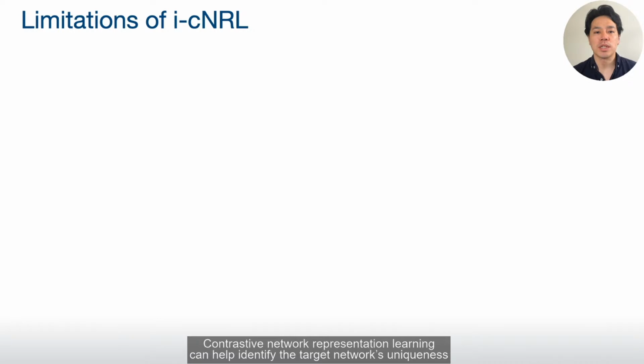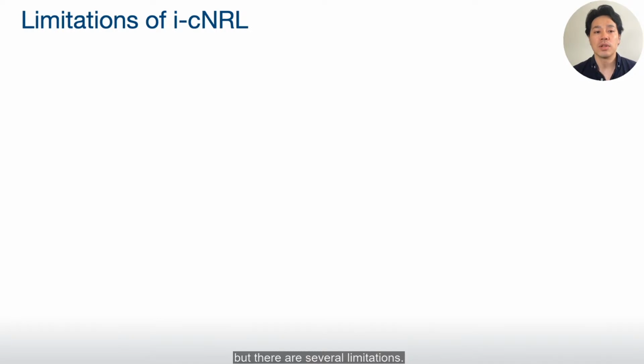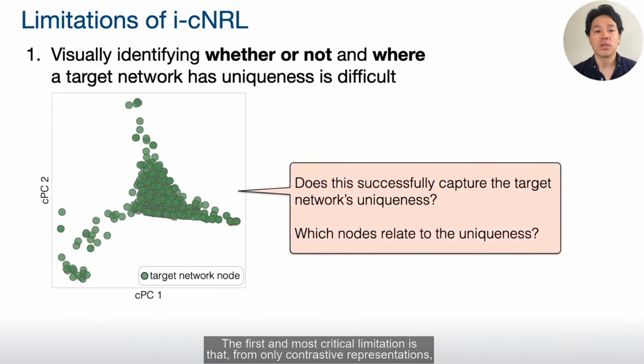Contrastive network representation learning can help identify the target network's uniqueness, but there are several limitations. The first and most critical limitation is that from only contrastive representations, it is difficult to know whether a target network has a uniqueness or not, and which nodes relate to the uniqueness.